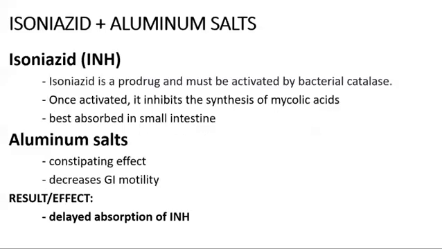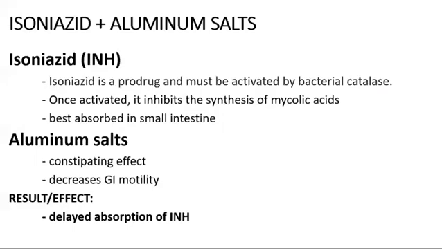Now let's move on with our first interaction, which is isoniazid plus aluminum salts. Isoniazid is also known as isonicotinic acid hydrazide, kaya siya abbreviated as INH. Isoniazid is also a prodrug, meaning kailangan niya muna ng enzyme para ma-activate siya to produce something clinically effective.